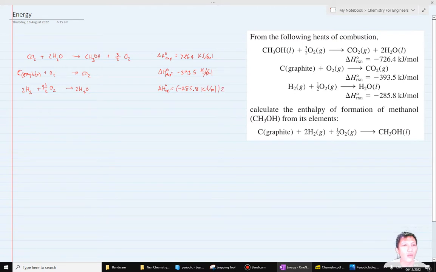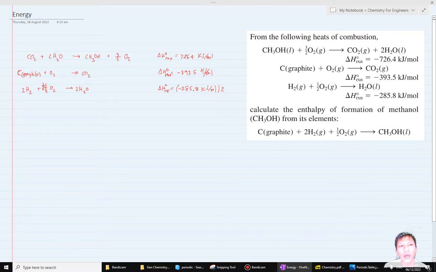As you can see, you have already 2H2. Your oxygen now, you have 2 divided by 2, that is 1 oxygen here, and you can see you have another oxygen here. Summing this up, you would have 2 oxygen, while the product side has 3/2 of oxygen.